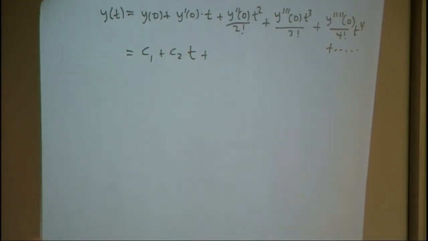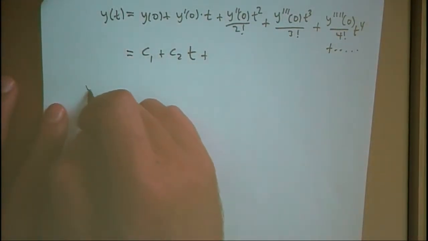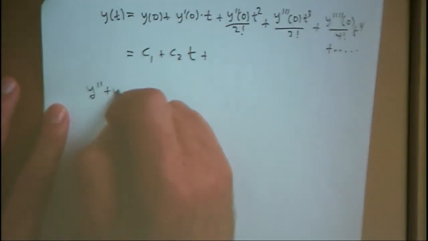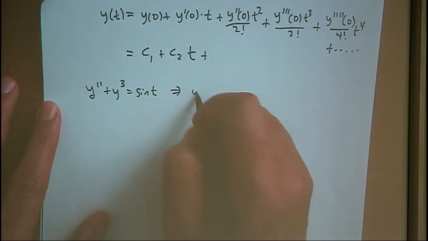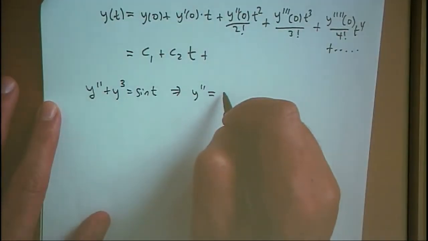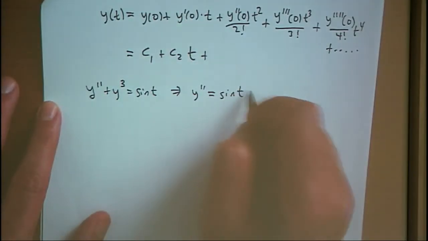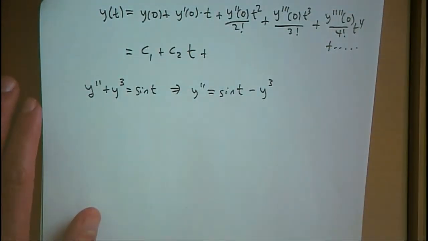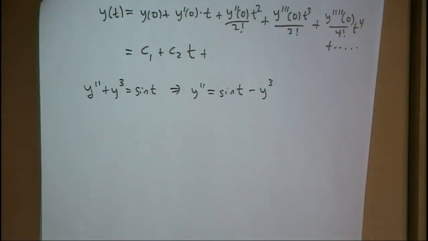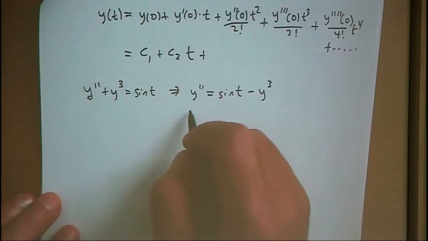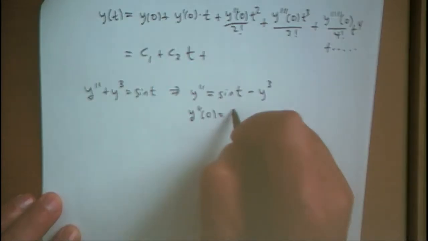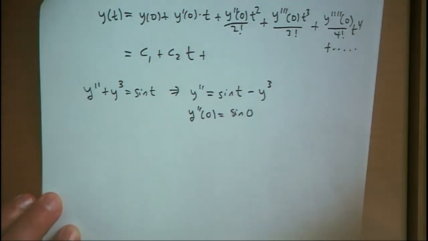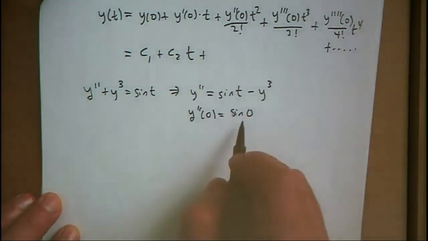Okay, so let's work on y double prime. Well, y double prime plus y cubed is sine t, so we can solve that for y double prime: y double prime is sine t minus y cubed. Now, when I plug 0 in for t, y double prime at 0, I get sine of 0. Now I do have a t to evaluate; we didn't have that in the previous example, but we do now.